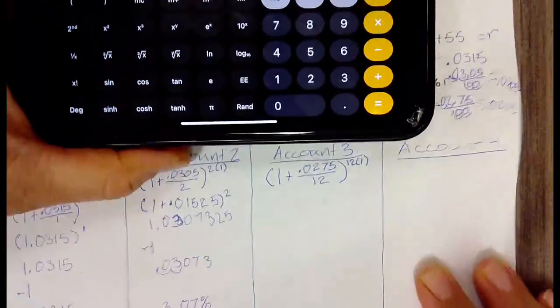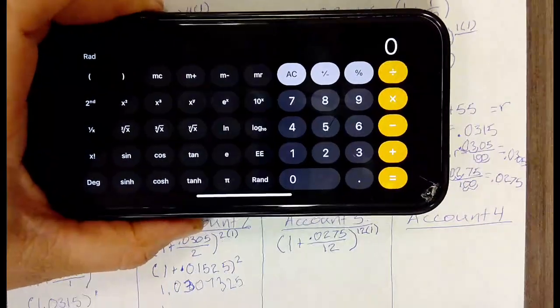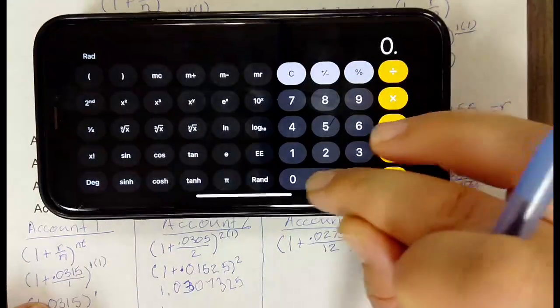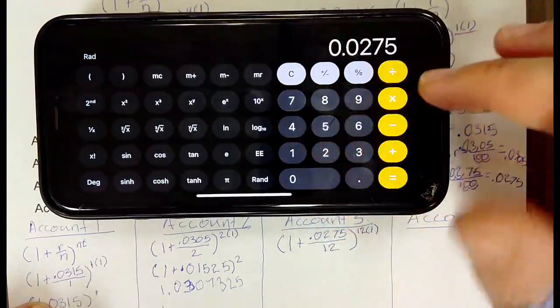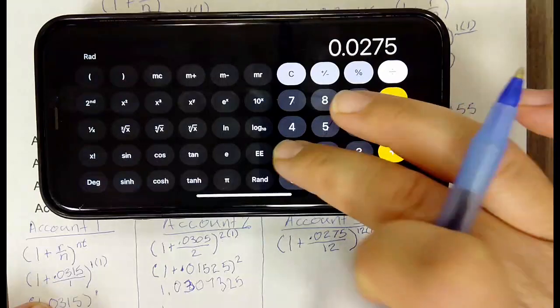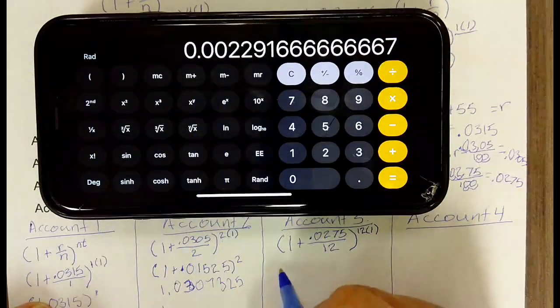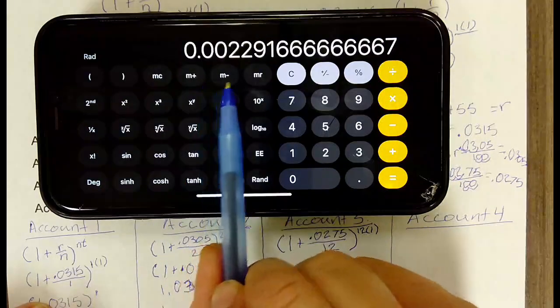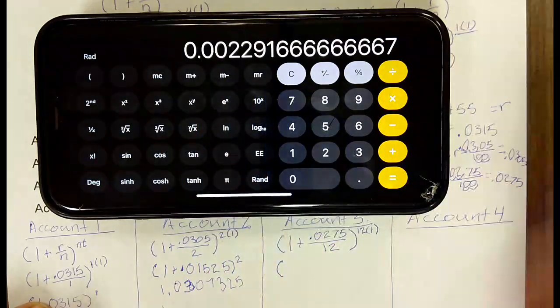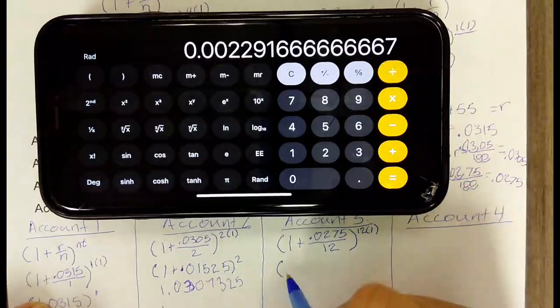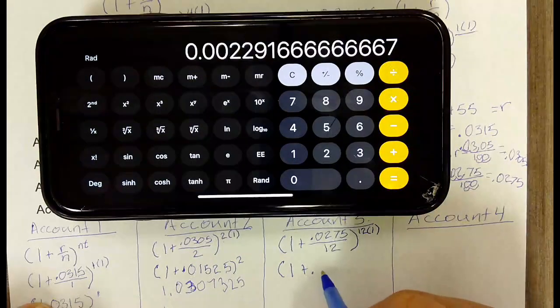All right, so here I go. 0.0275 divided by 12 equals 0.00229166, so on. I'm just going to add 1 on my calculator.